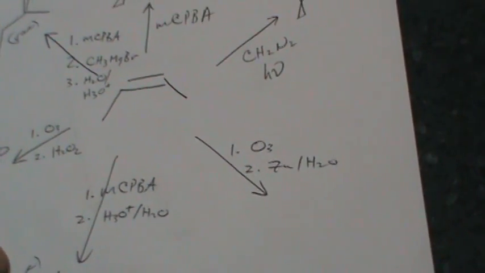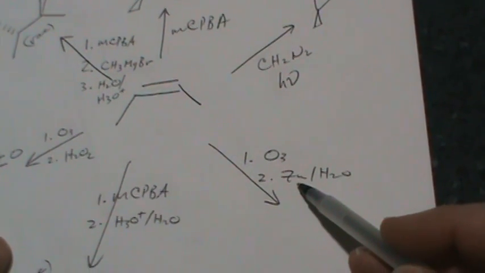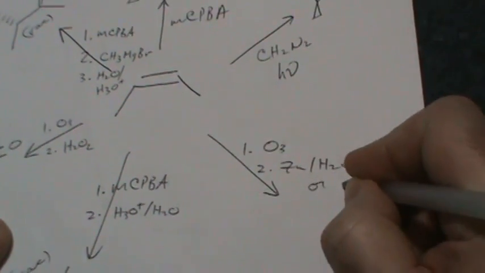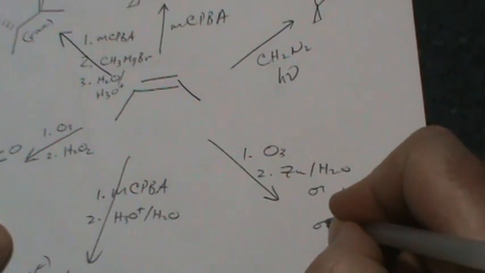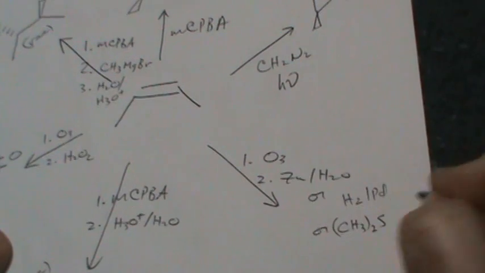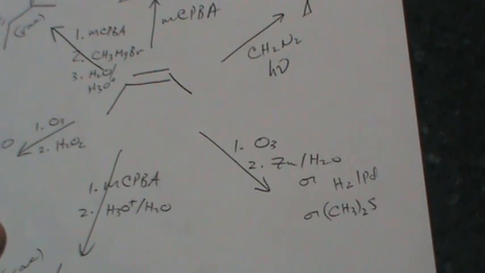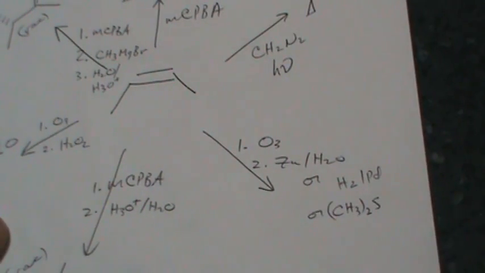Contrast that with this ozonolysis reaction, followed by a reductive workup. Now this particular reductive workup is using zinc and water, but I want you to remember that you can also use hydrogen and palladium or dimethyl sulfide. Those are three different workup conditions. You only need one of them. I just want you to be familiar with all three.